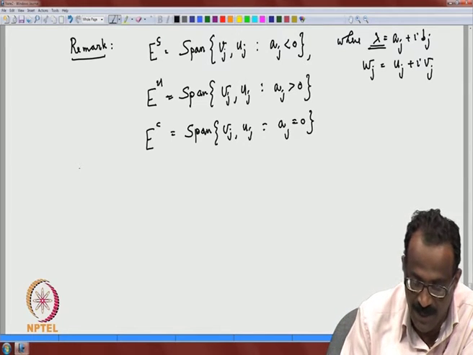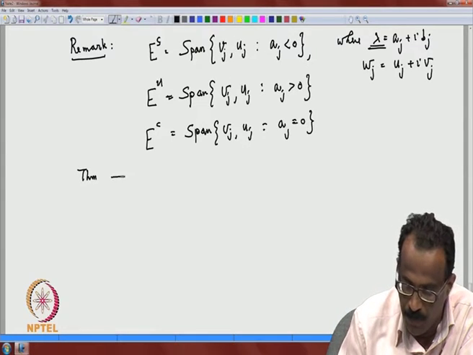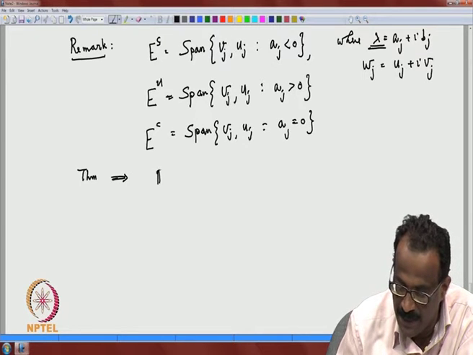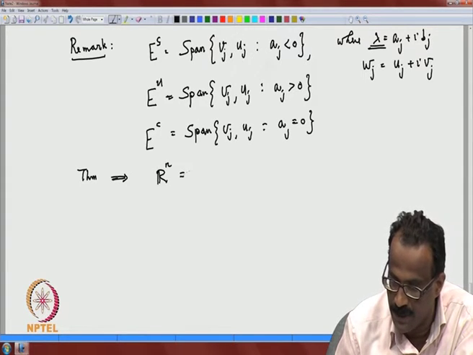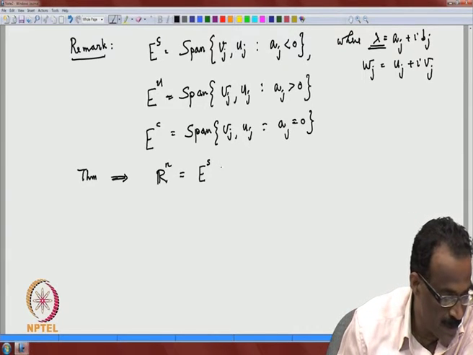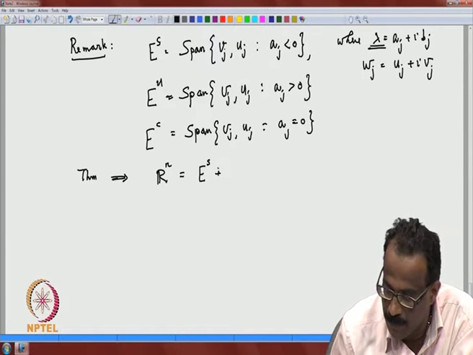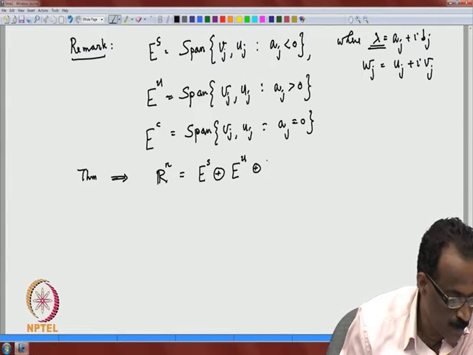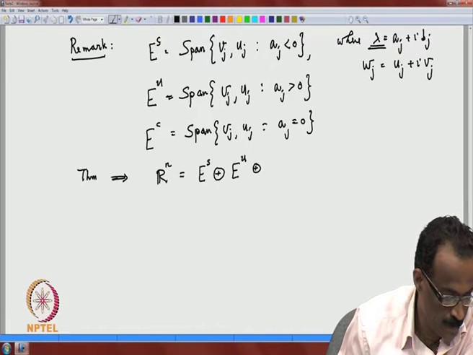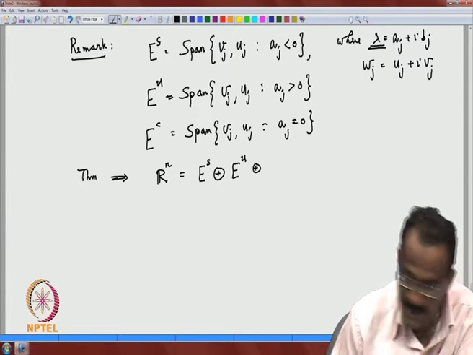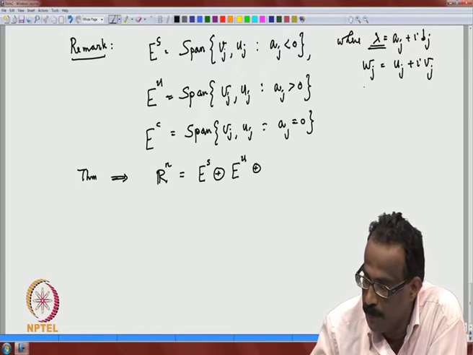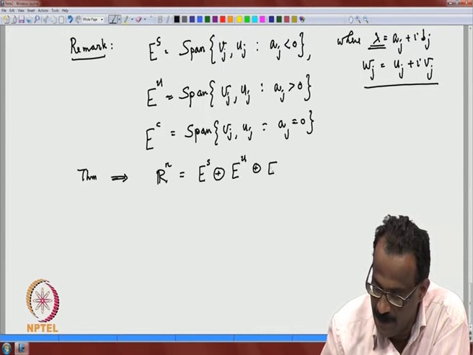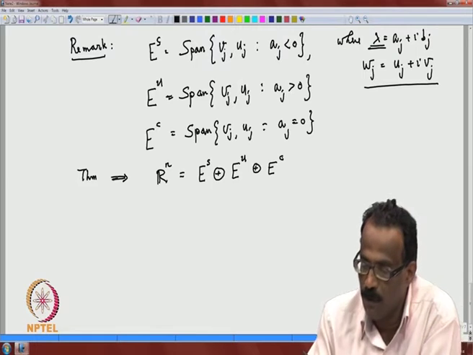The interesting theorem, which I do not prove, tells you that the space Rn can be decomposed into Es direct sum Eu, and of course one may need to use the other, Ec, direct sum. Es is called the stable space, Eu is the unstable subspace, and Ec is called the center.